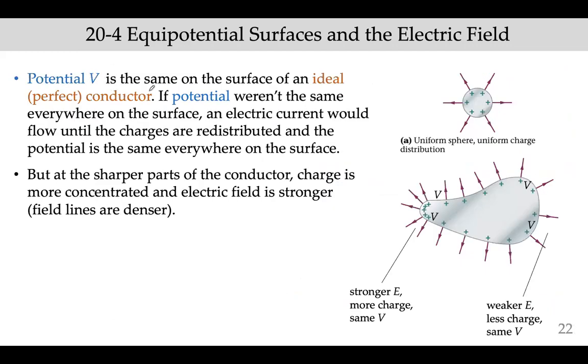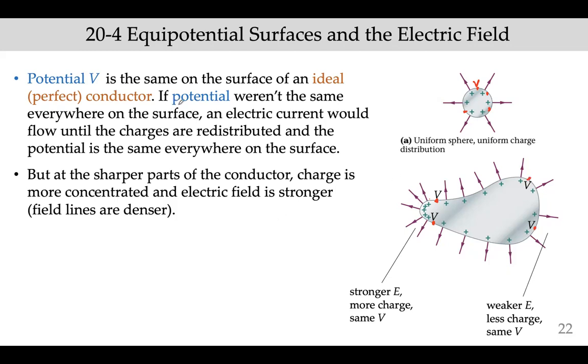Okay, so potential V is the same on the surface of an ideal or perfect conductor. So it could be a metal or any other conductor. So potential at all points is the same on the surface. So same here. If potential at this point is V, V, V, the same potential.